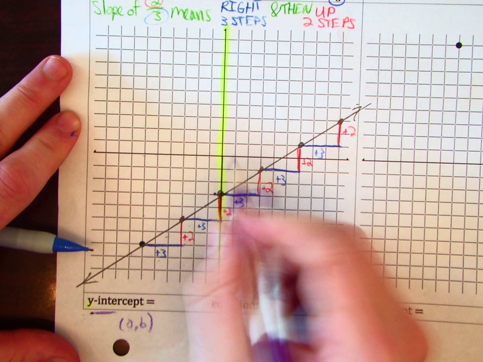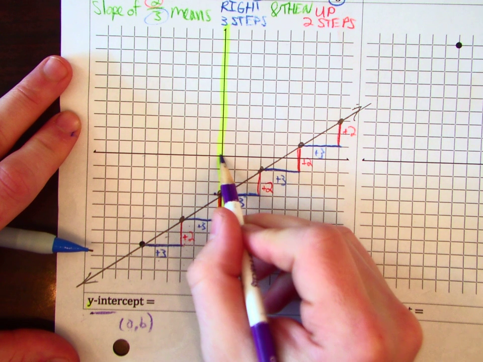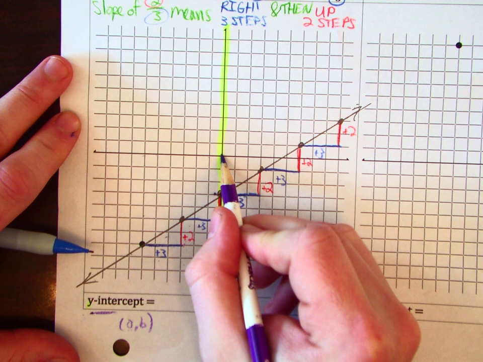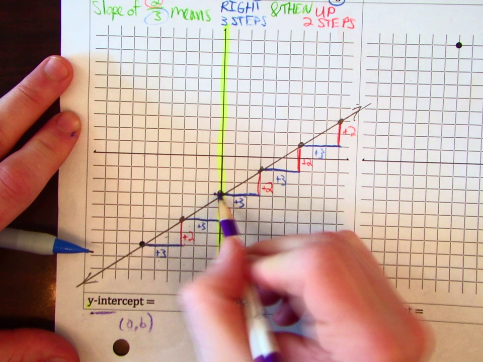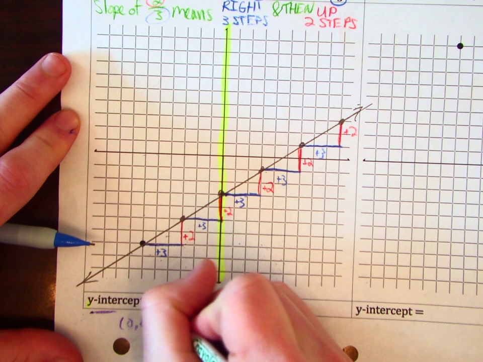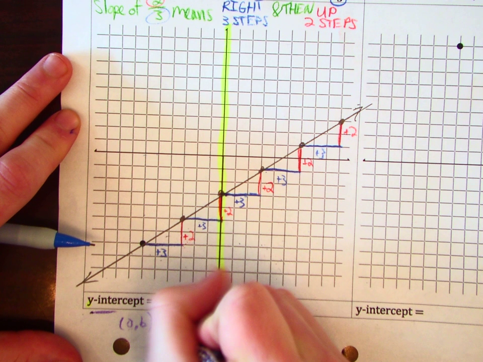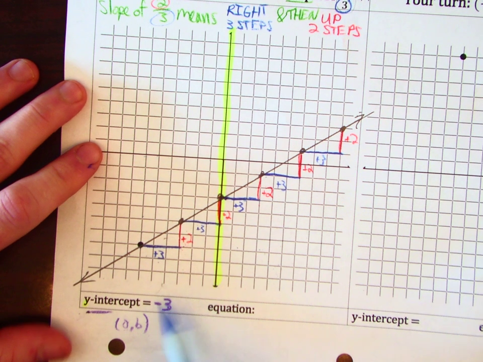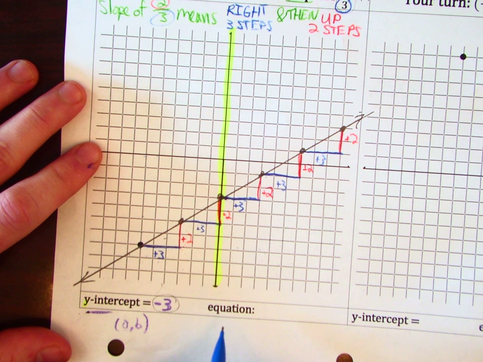From the origin, we don't go left or right because x equals 0, and then our y value is 1, 2, 3 steps down, so it's -3. So now, we have our slope, 2/3, and our y-intercept, which is -3.